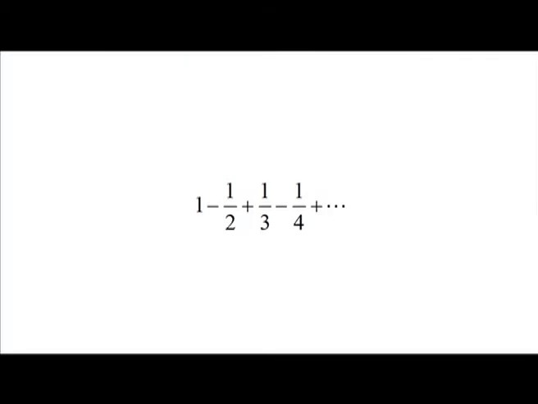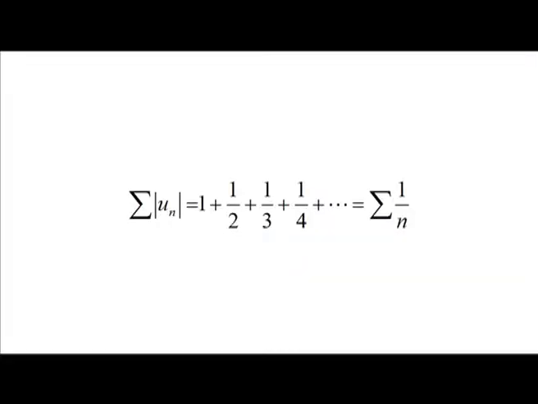Now, consider this example. By Leibniz test, the series 1 minus 1 upon 2 plus 1 upon 3 minus 1 upon 4 plus etc. is convergent. But the series formed by the absolute values of the terms is summation absolute value u_n equal to 1 plus 1 upon 2 plus 1 upon 3 plus 1 upon 4 plus etc., which is equal to summation 1 upon n, the harmonic series, which is divergent. In such cases, we say that the series is conditionally convergent.